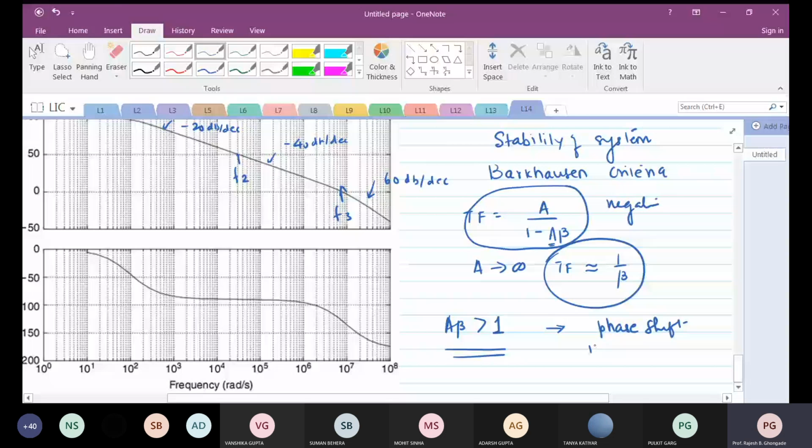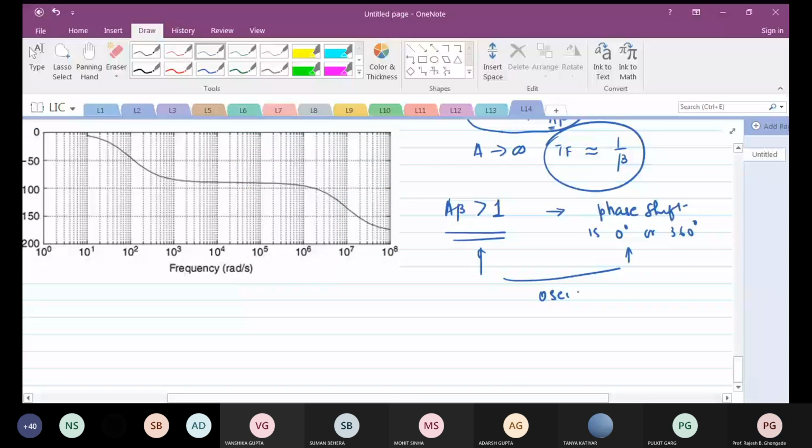In these two situations, we get what is called oscillations. Are you able to understand this?